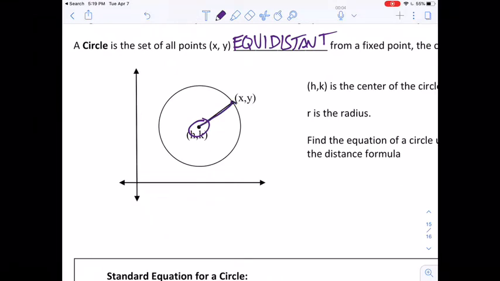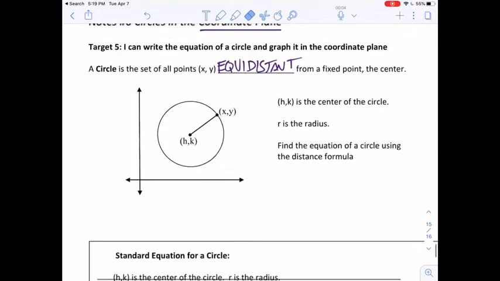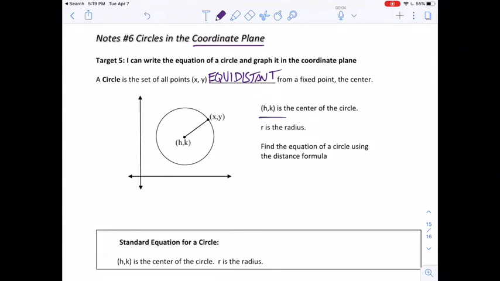If you can imagine keeping that center where it is and keeping that distance the same and rotating, you would form that circle. So xy is any point on the circle, and there's an infinite number of points on the circle. HK is that fixed center, and R is that fixed radius.